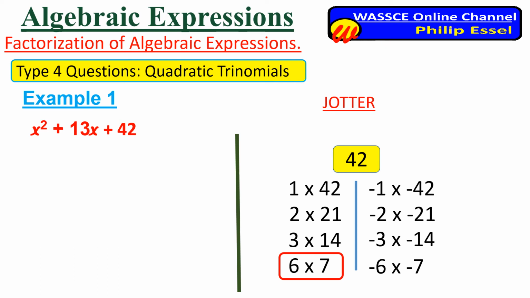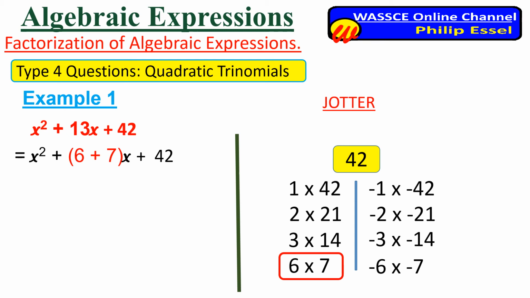So when we do this, we are going to get x squared plus, then we'll bring a bracket, we'll write 6 plus 7, bracket close, then we'll bring the variable x, then plus our 42. At this point, we are going to remove the bracket by expanding the above expression.